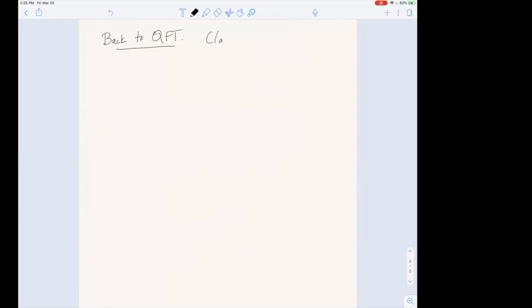The claim is that the bilocal operator that does the job, that creates this pulse of negative energy, is K. I'm going to call it K_AB.